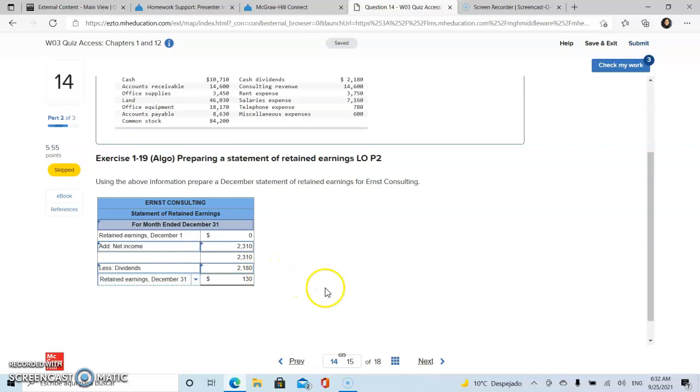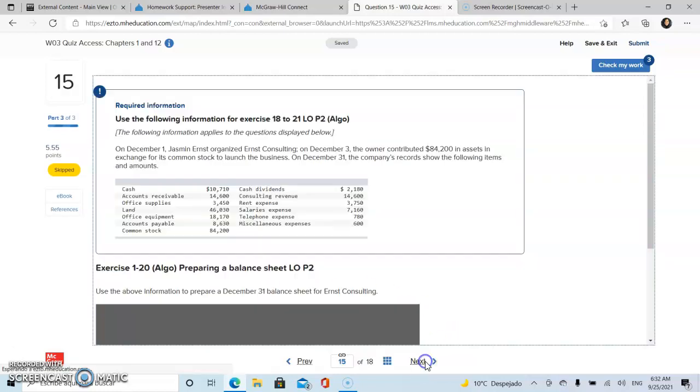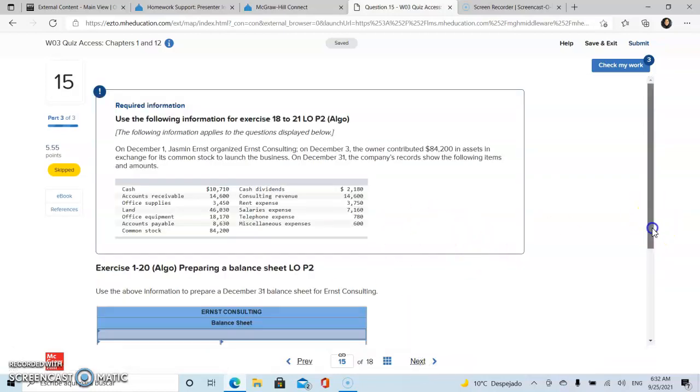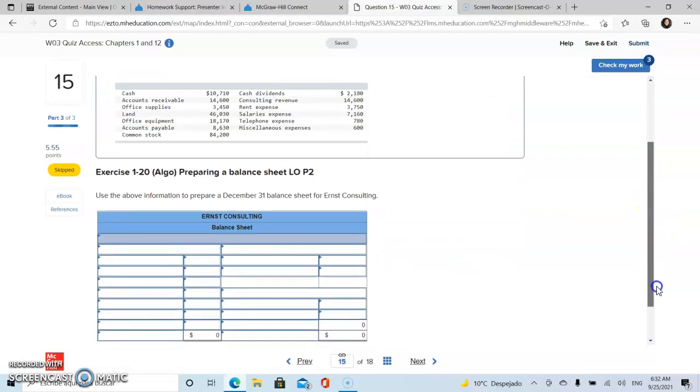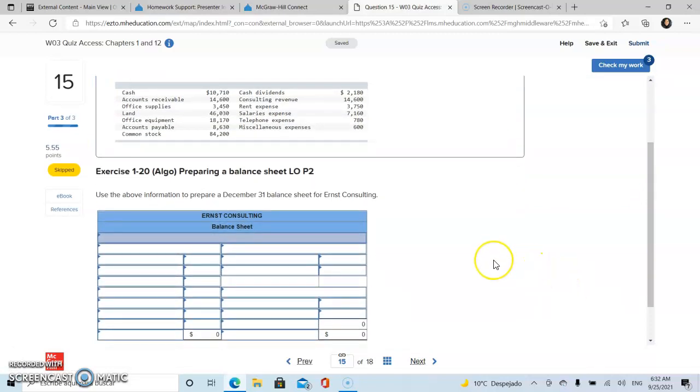So now we're gonna go ahead with problem 15, in which we are required to do a balance sheet for the company. This statement will show the financial position of Earth Consulting at the close of business on December 31st.